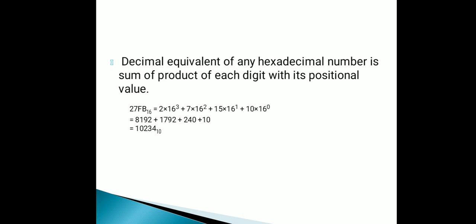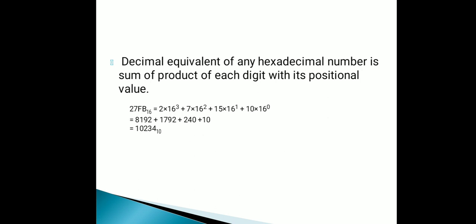Now you can see the number 27FB, and the base is 16. Why? Because the hexadecimal number system contains 16 symbols, so the base is 16. Now start with B, the first digit, at position 0, then 1, 2, 3.